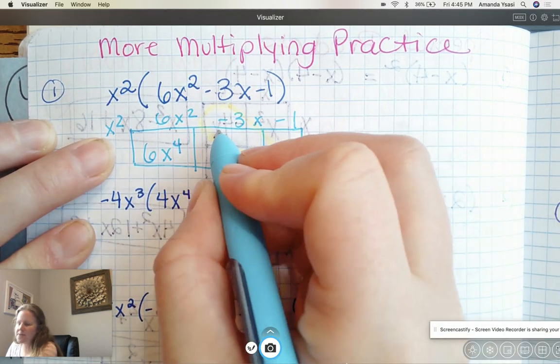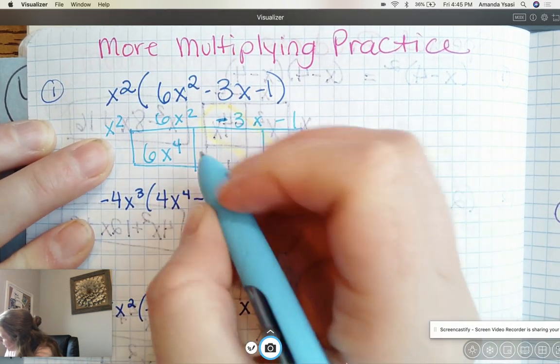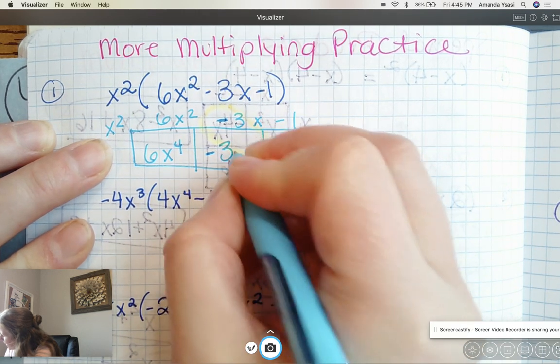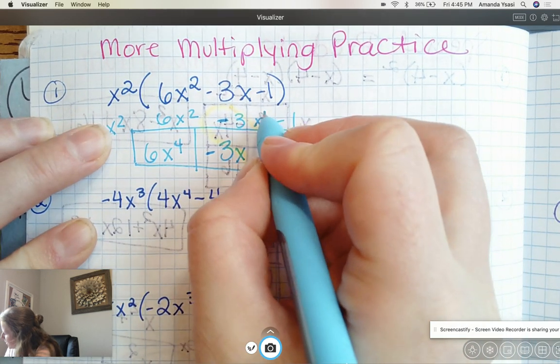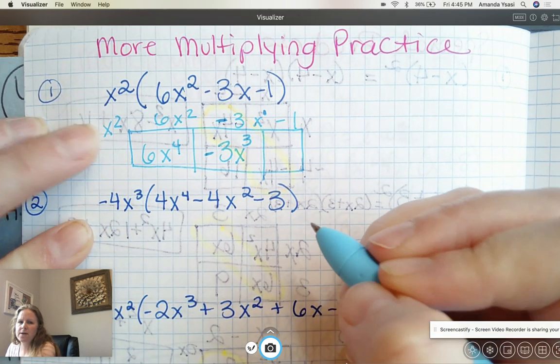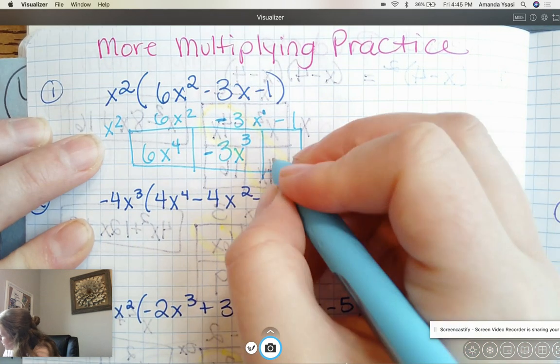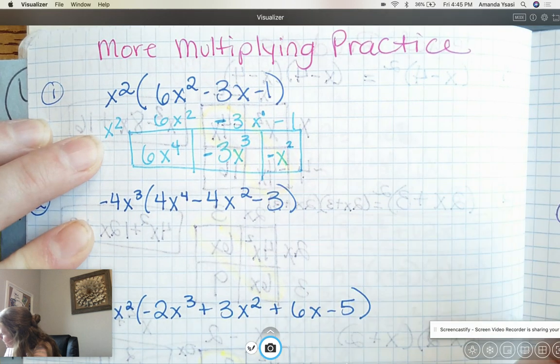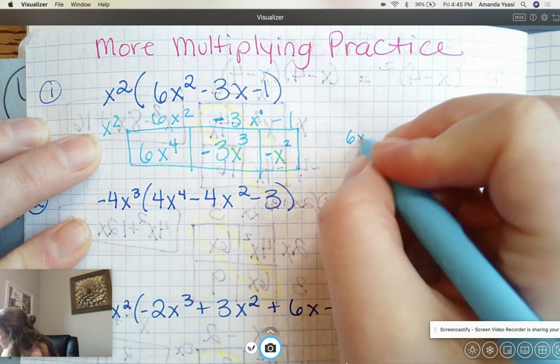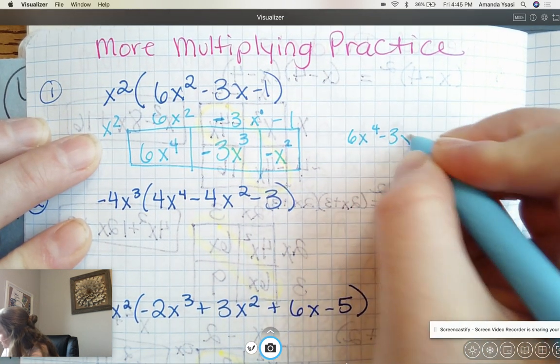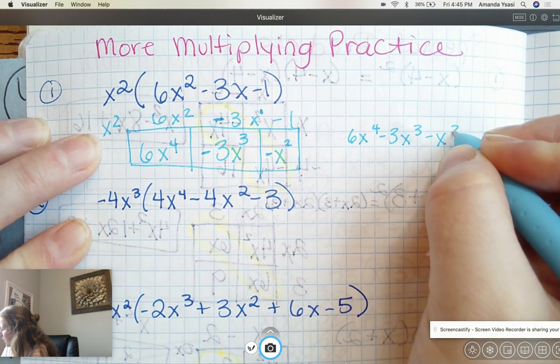X squared times a negative 3x would be a negative 3x to the third power. And then x squared times a negative 1 is a negative x squared. So that gives us 6x to the 4 minus 3x to the 3 minus x squared.